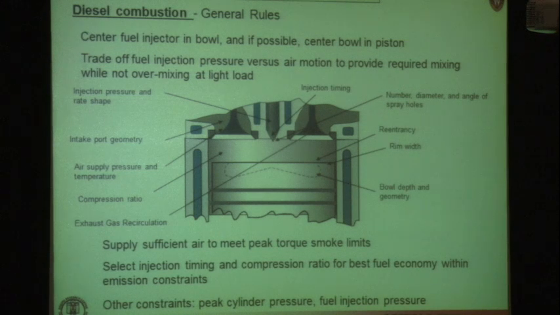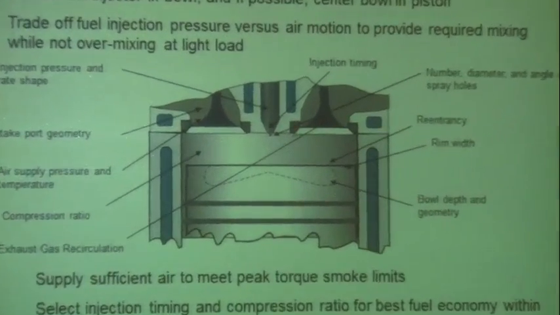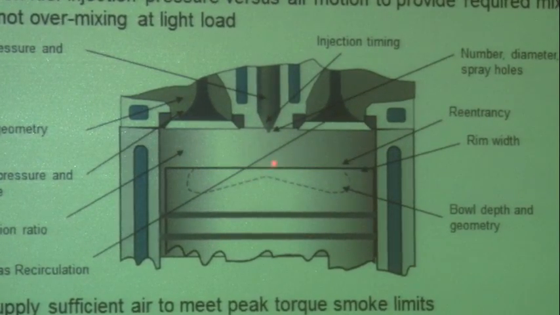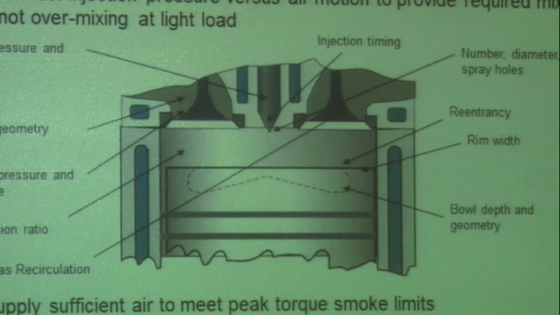So some guidelines: if you happen to be a diesel designer, you would like to create the following. You would like to put the fuel injector as close to the center of symmetry in your combustion chamber. This helps avoid having regions where you might have, because of the inhomogeneity, even more inhomogeneity on one side of the chamber than the other, which could cause trouble with particulates and so on.